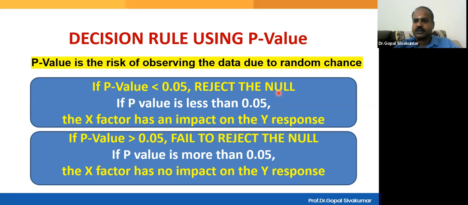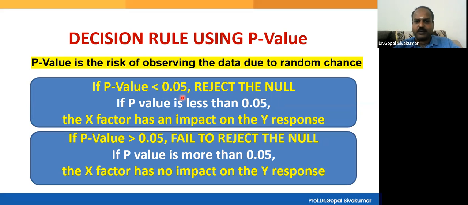When type 1 error is more than 5%, my confidence level will be less than 95%. Generally, it is expected that you do experimentation and then make a conclusion with at least a 95% confidence level. So you can reject the null only when p-value is less than 5%, which is 0.05.